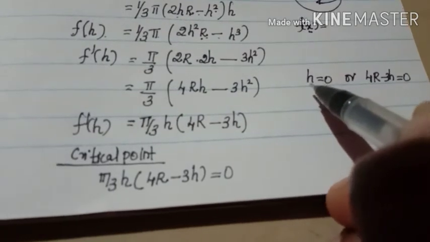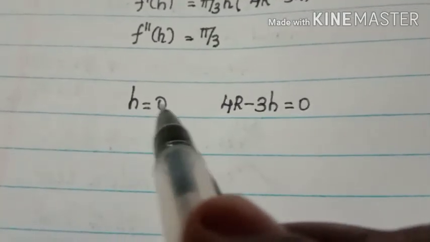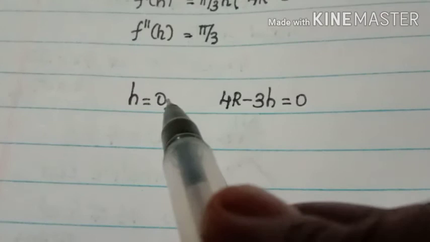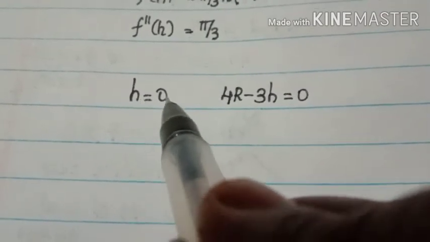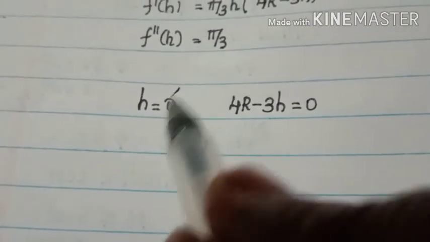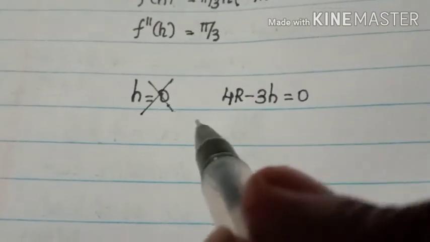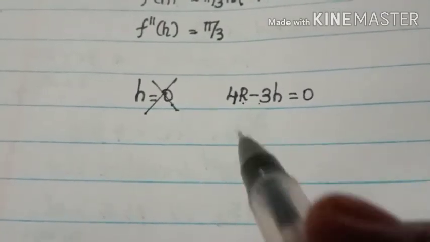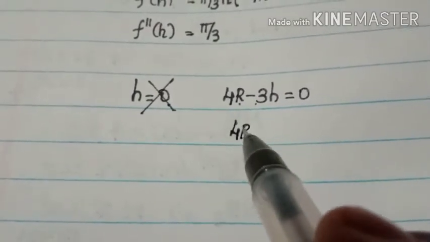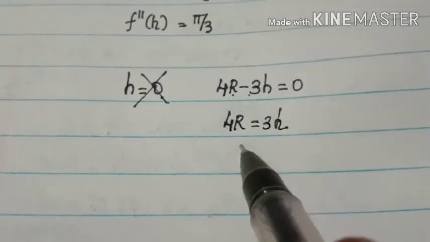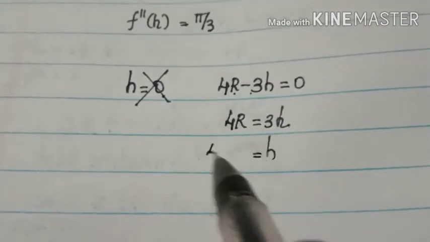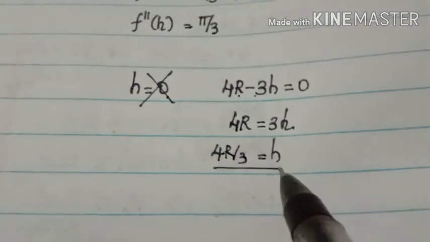Is h equal to 0 possible? No. If h equal to 0 means height of the cone equal to 0, it is not possible. So only chance is that 4r minus 3h equal to 0. From here 4r equal to 3h and h becomes 4r by 3. So h is the critical point.